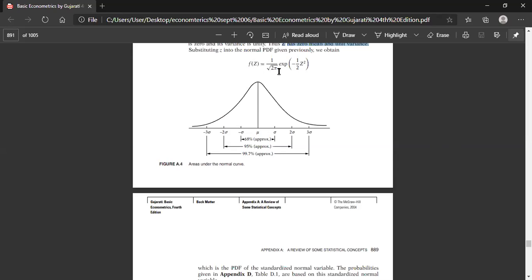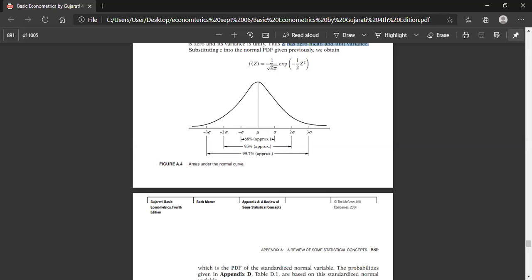The curve for this density function is fixed, so it's always the same. The area under two values of Z is always the same. Area means the probability. So the probability that Z lies between any two values remains the same always.